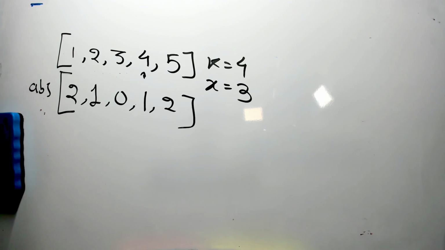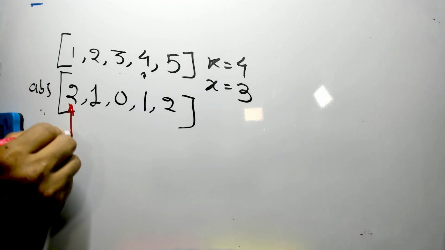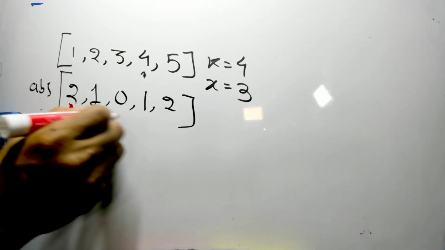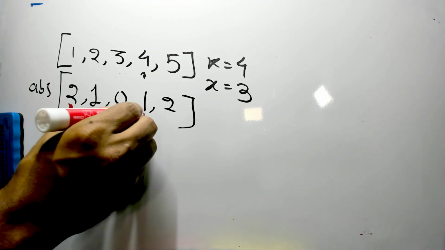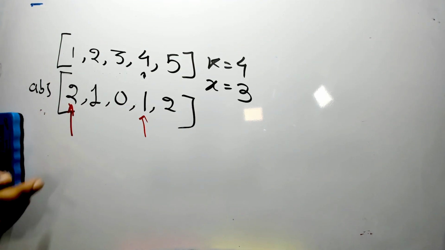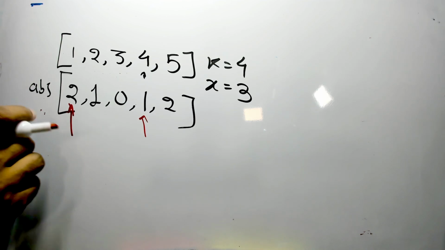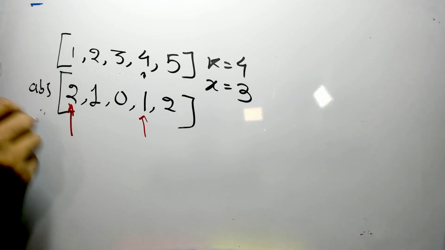Now we're going to start our window of length k from the 0th index to 0 plus k minus 1, that is the third index, 4 elements. Now we're going to calculate our running sum.